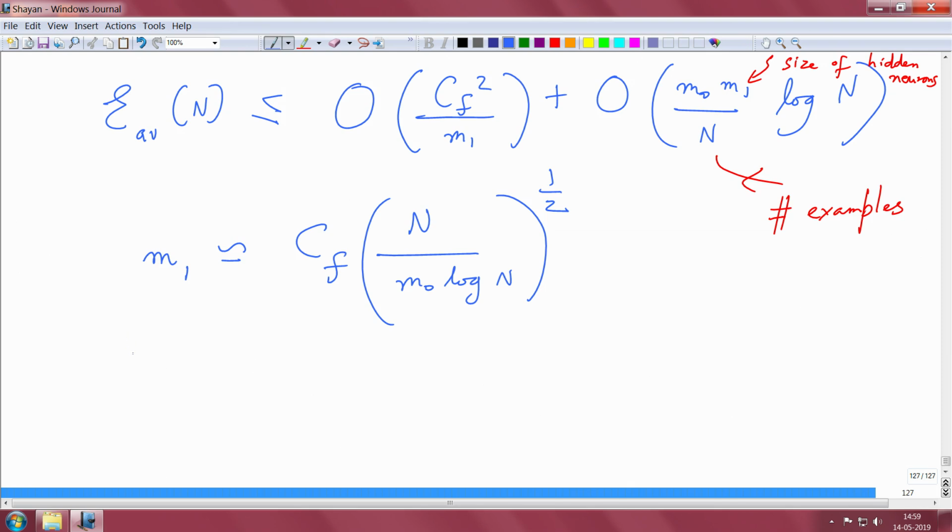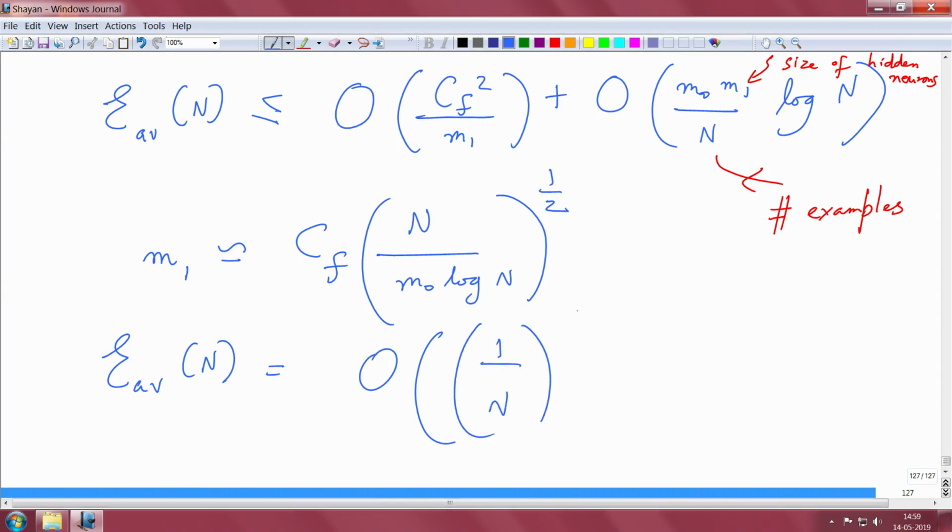So, if I simplify the average error, this is further simplified as follows, where S is a measure of smoothness and m naught is this quantity which depends upon the input dimension.